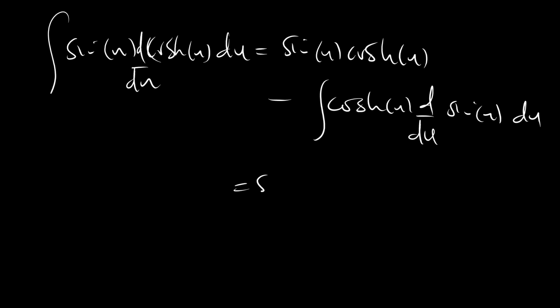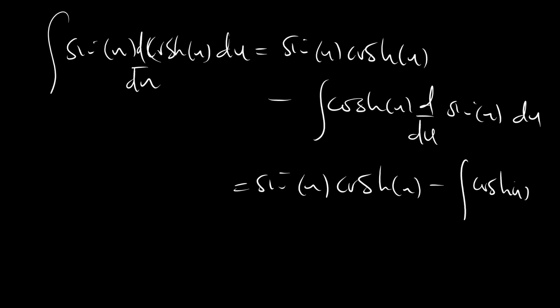So this becomes sine of u cosh of u minus cosh u cosine of u.